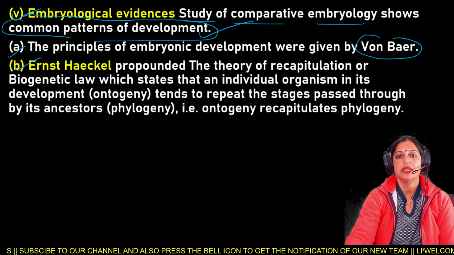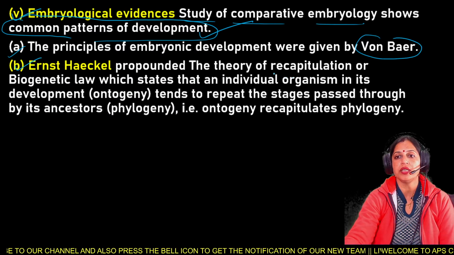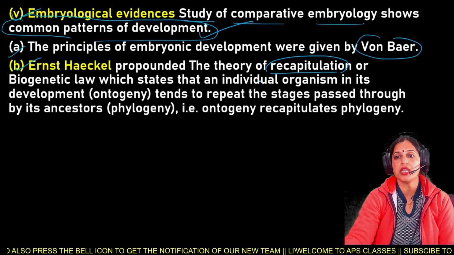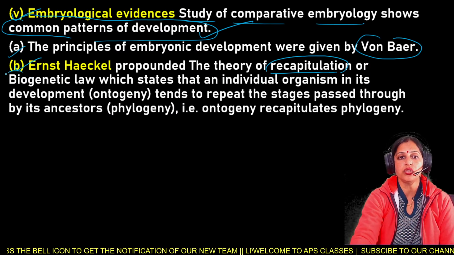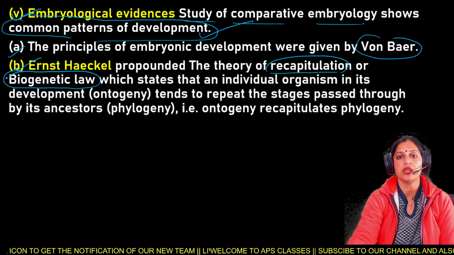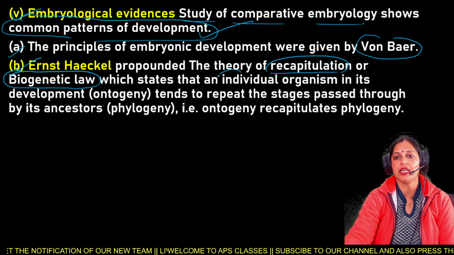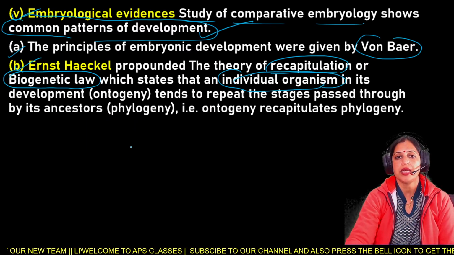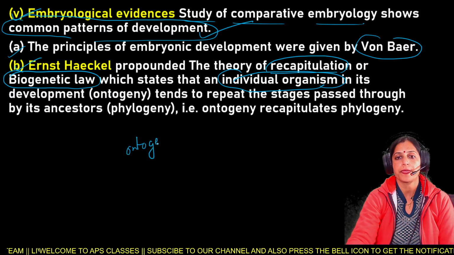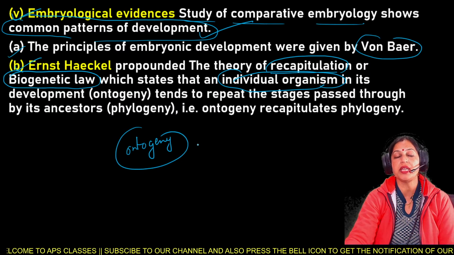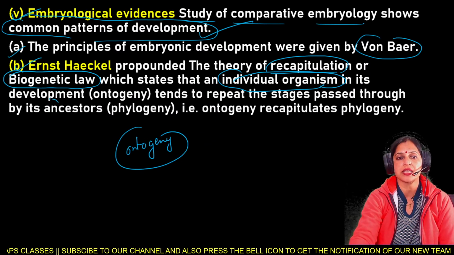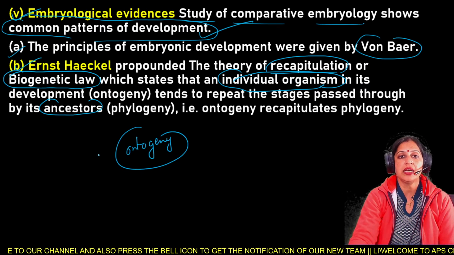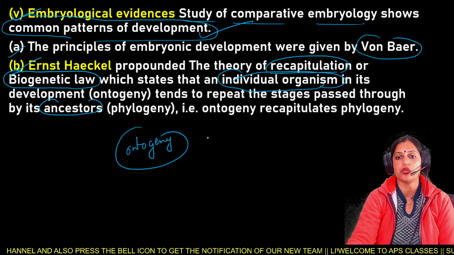Ernest Haeckel propounded the theory of recapitulation, or the biogenetic law. It states that an individual organism in its development, known as ontogeny, tends to repeat the stages passed through by its ancestors, that is phylogeny.